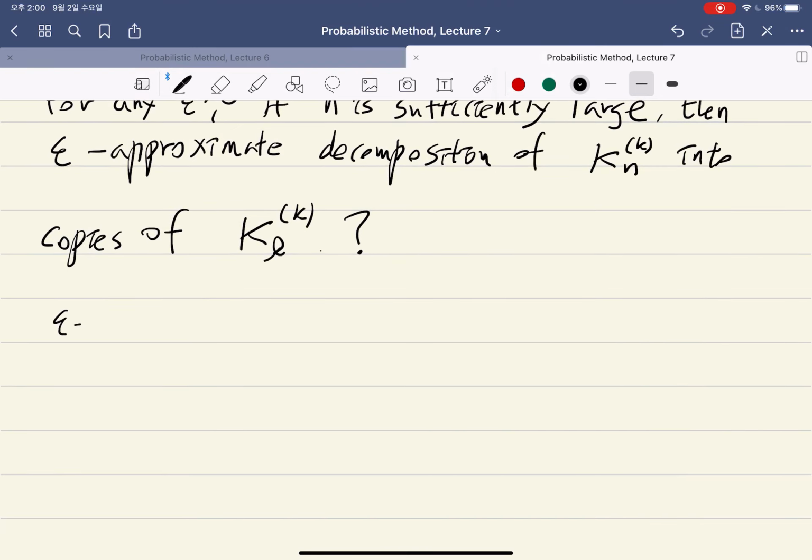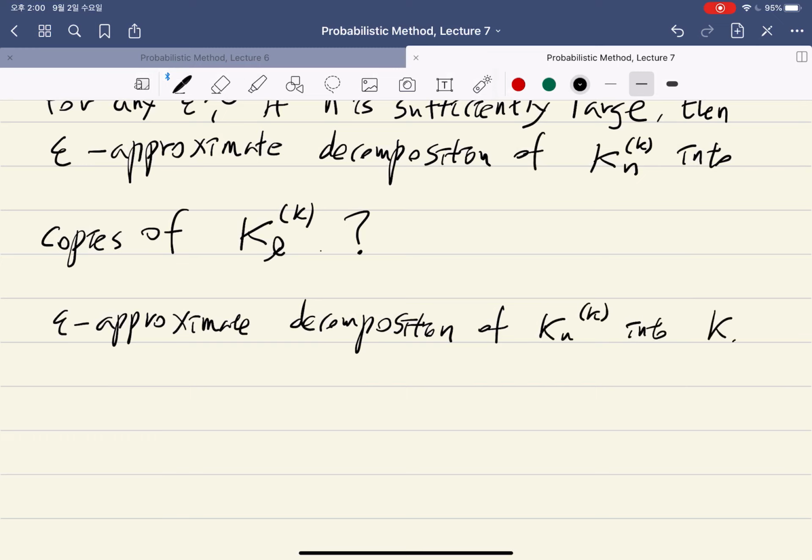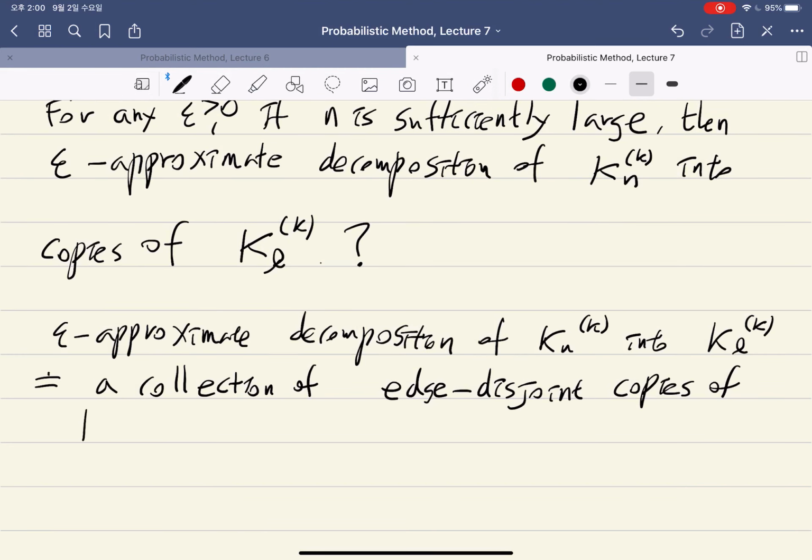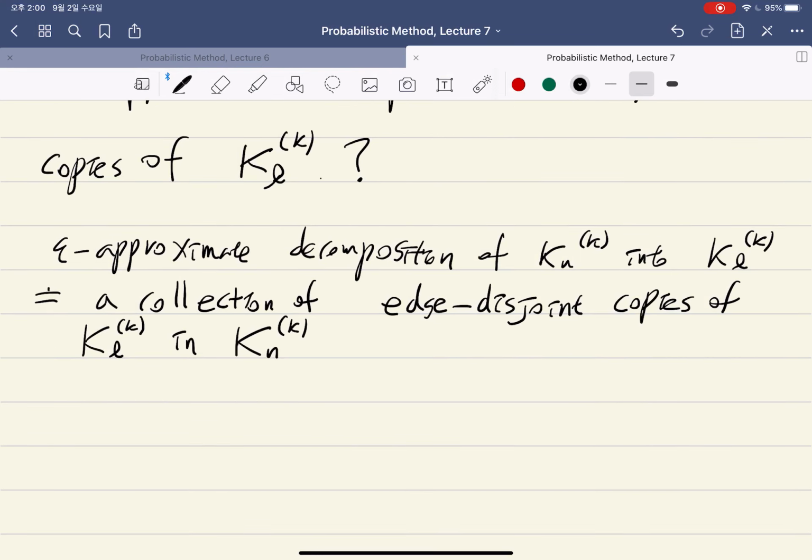So here the epsilon approximate decomposition of Kn into, say, copies of Kl is a collection of disjoint copies of Kl in Kn, which covers not all. So we ensure disjointness.